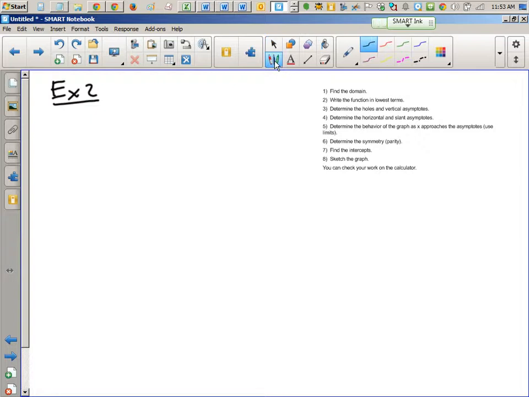All right, so my function this time is, I'll use r of x to emphasize that the problems we're doing are all polynomials on top and polynomials on the bottom. And they're called rational functions. Okay? So polynomial over polynomial. The one I'm picking is x squared plus 5x plus 4 over x minus 2.